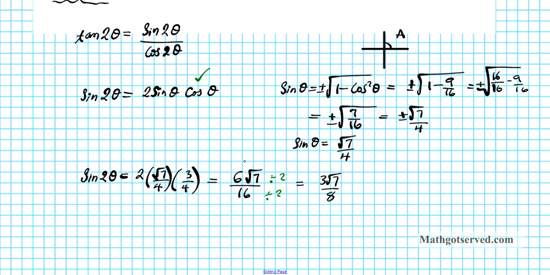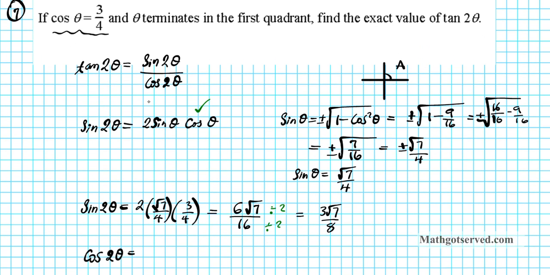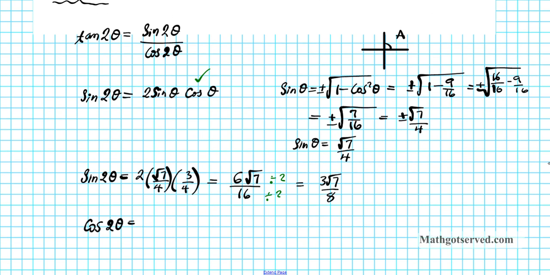Now let's find cosine 2 theta real quick, and then we'll be good to go. There are 3 variations for cosine 2 theta, but since we're given cosine theta, I'm going to use the identity that is dependent solely on cosine for accuracy reasons. So I'm going to use the identity 2 cosine squared theta minus 1.